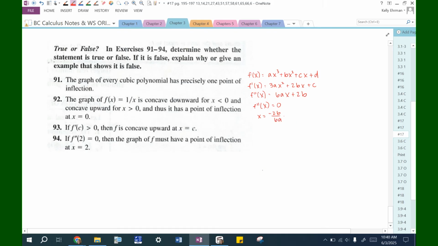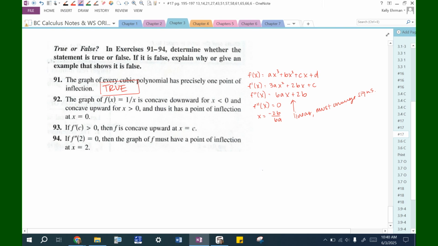And so that's only one solution for the point of inflection. And this is linear, so on either side of its 0, it has to change signs. So yeah, I'm convinced this is true. It's going to change concavity at the one place. There will only ever be one place where the second derivative is equal to 0.